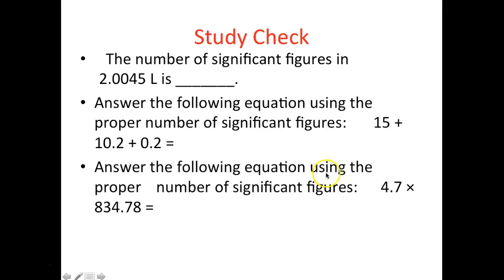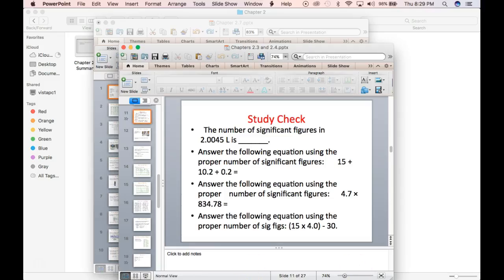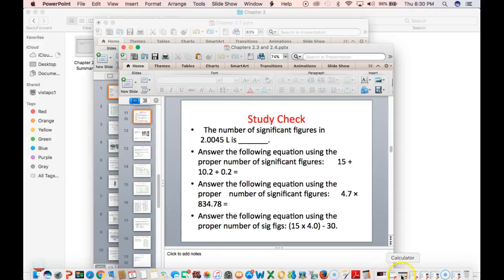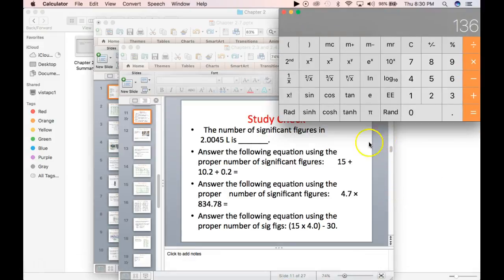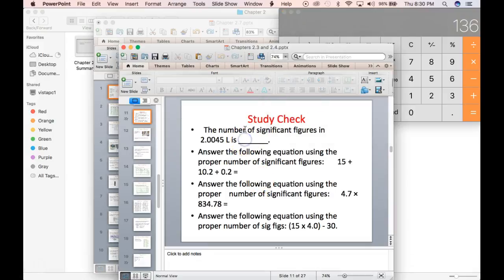So, answer the following equation using the proper number of sig figs. All right, I'll have to use the calculator here for this. Okay, so coming back here, you had 5 sig figs, and then the answer here is 25.